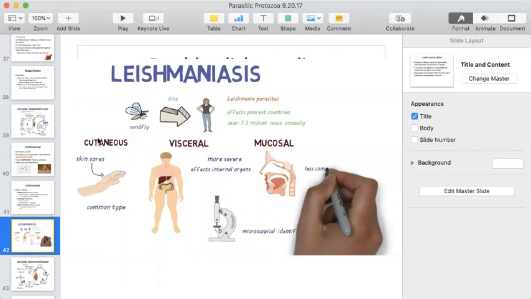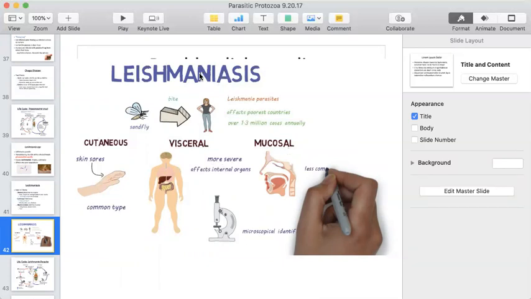And you have the cutaneous, characterized by skin sores. This is the most common type that we see here. The visceral form, again, is a more severe form. It's going to affect your internal organs. And then you have the mucosal form, where this parasite is destroying the mucosal lining of your throat and nose and so forth.